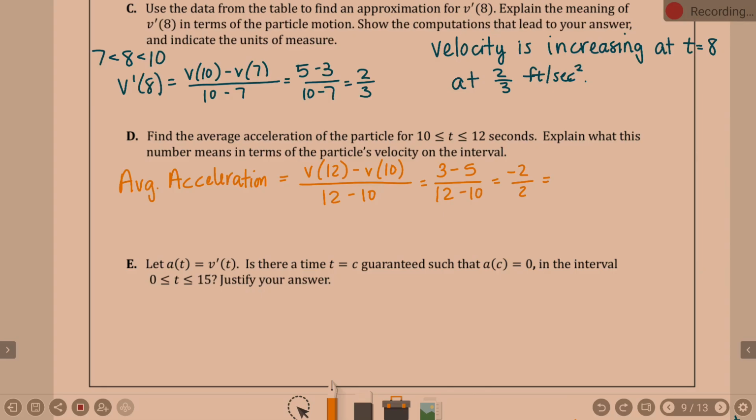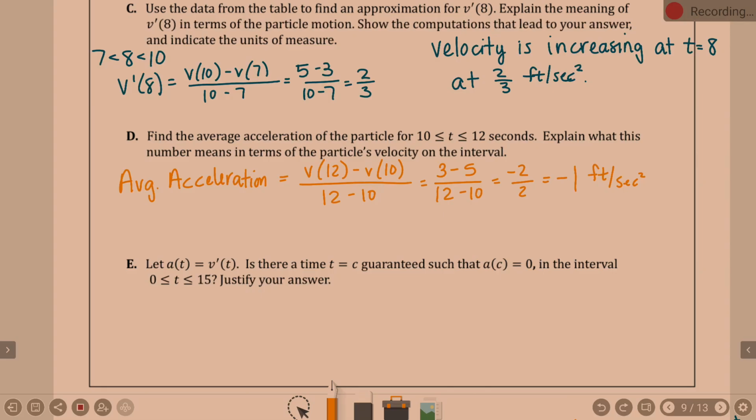Negative 2 over 2, which is negative 1 foot per second squared. And then it asks us to explain what this number means in terms of the particle's velocity on the interval. It is decreasing at a rate of negative 1 per second squared.